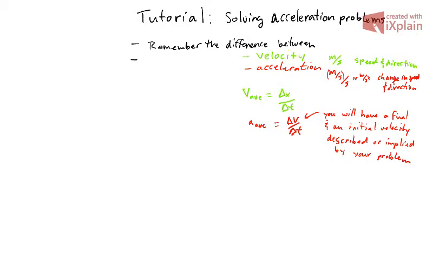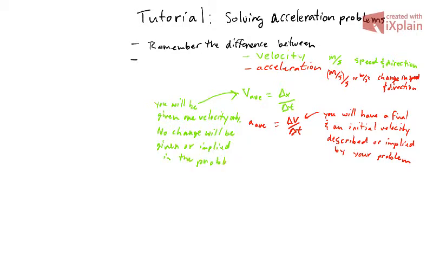And on the other hand, for the average velocity, you will be given one velocity only. No change will be given or implied in the problem.